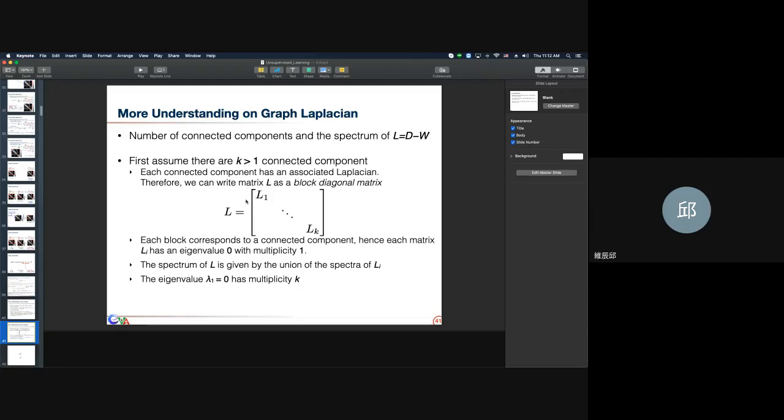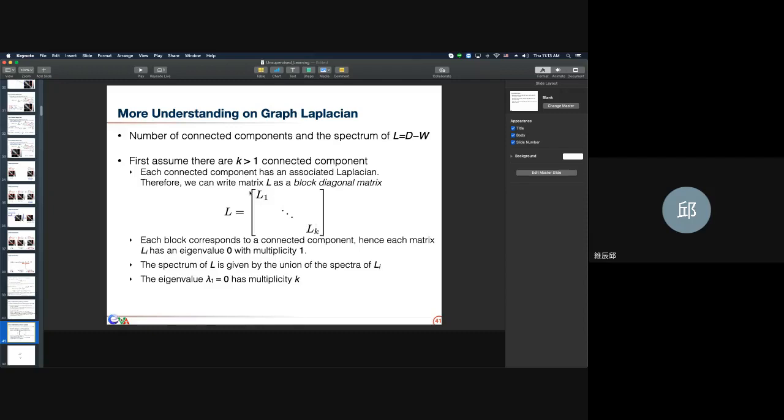Because L now is a block diagonal matrix, every block has an eigenvalue equal to 0. The spectrum here is related to the eigen decomposition. The spectrum of L is given by the union of the spectra of the Li of so many blocks.